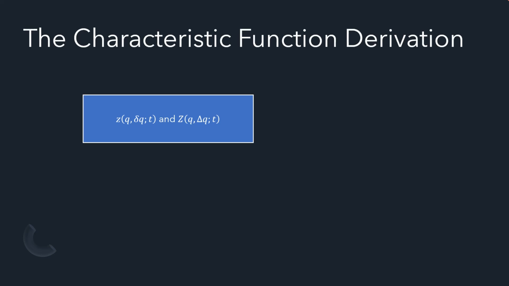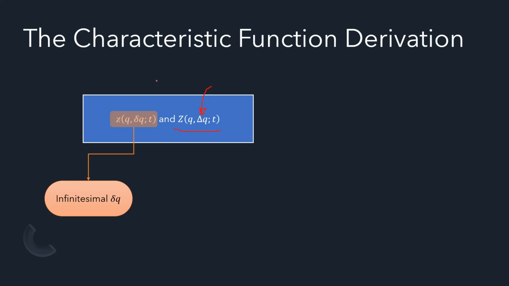Of course, from what we have learned from the central limit theorem, it is now clear that we must also use a different symbol, which is this one, based on capital delta Q. Let's see how we can do that.